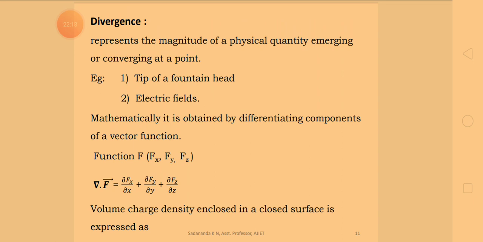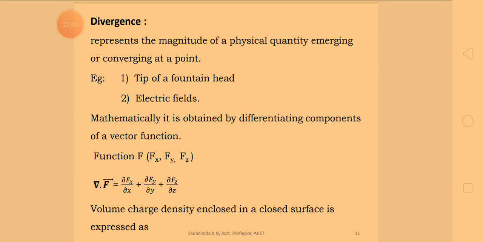So the divergence of the vector f can be written as dou by dou x of fx plus dou by dou y of fy plus dou by dou z of fz, where fx, fy, fz are the components of that force field.